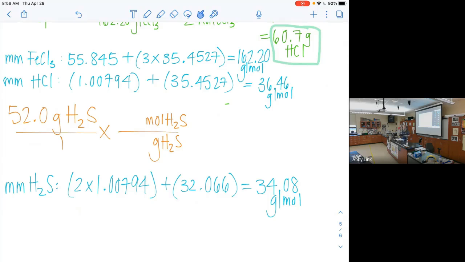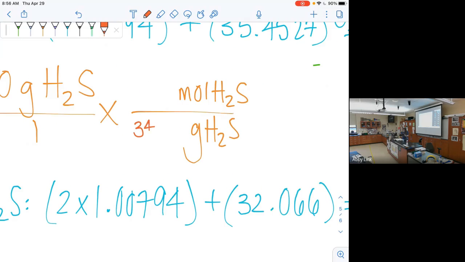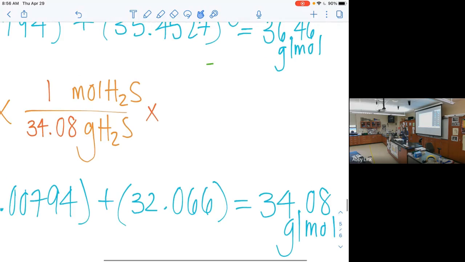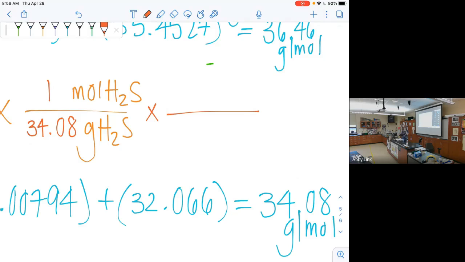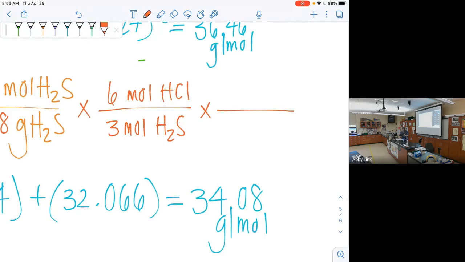All right, I'm going to put that 34.08 into my conversion here in the bottom. You guys know it's 1 mole on the top. Next, I'm going to have my mole ratio. So we have 3 moles of H2S on the bottom. We're trying to get to HCl again, so it's going to be 6 moles of HCl on top. Last step here: moles of HCl in the denominator to cancel out the units, grams of HCl on top.